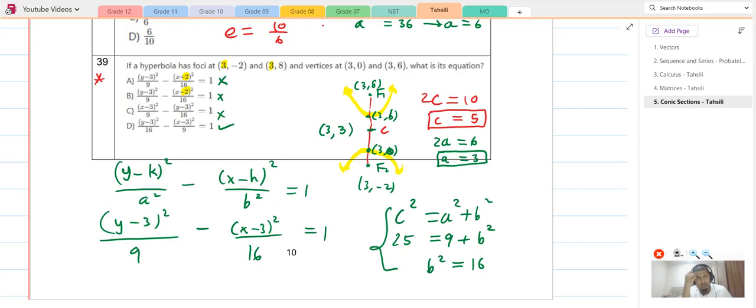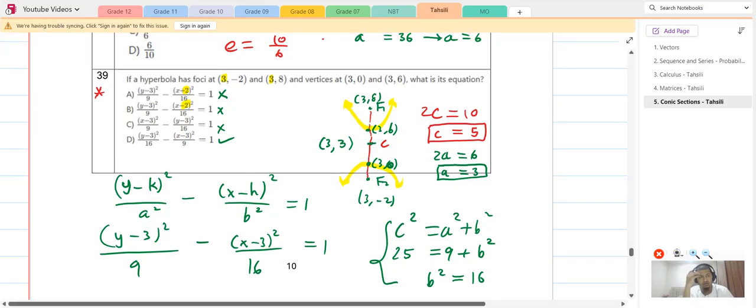What is its equation? From minus 2 to 8 is 10, c is 5, a squared plus b squared is 25. The hyperbola is vertical, so the vertices are (3, 0) and (3, 6).